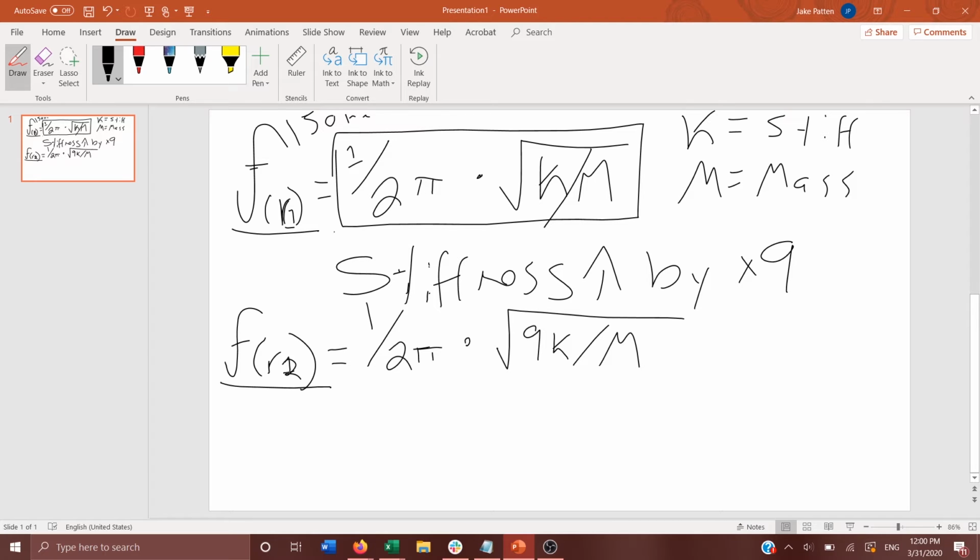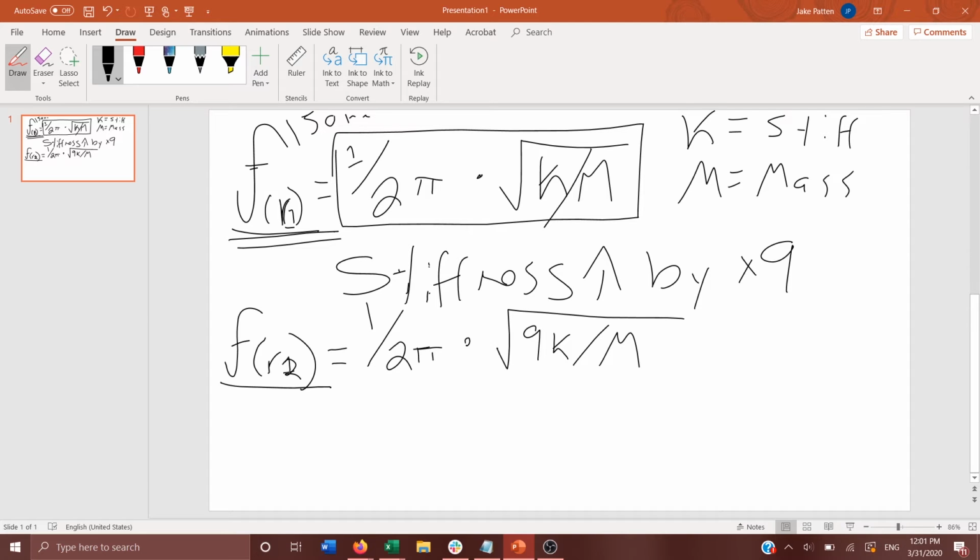Again, we don't have any information about K or M, so it's not like we can solve for K and then solve for M and just multiply by 9. We can't do that. What we need to do is solve in terms of FR1. If you have a square root in an equation, you can break it into different things.